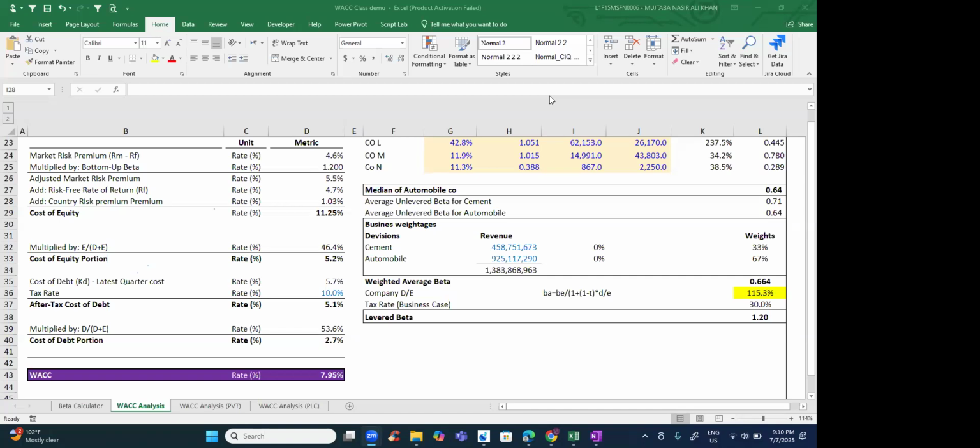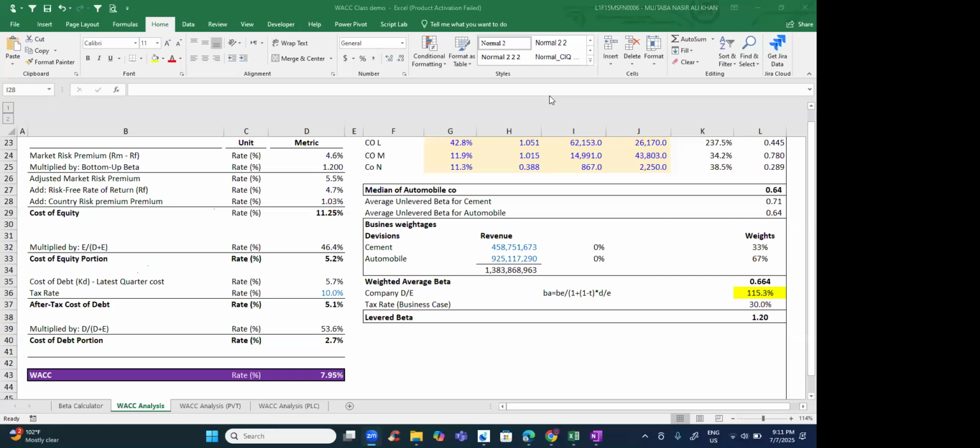Exactly. Almost 90% of the things which you have explained, we used. I even built a similar sheet myself. More or less, all these techniques were used, and I took equity risk premium and all these metrics from Aswath Damodaran.